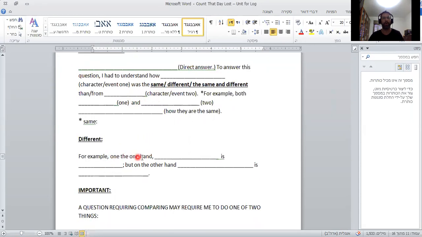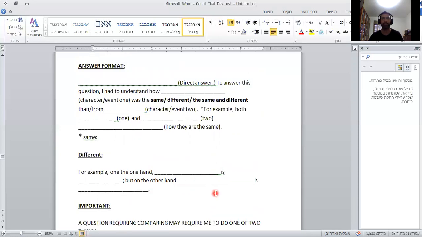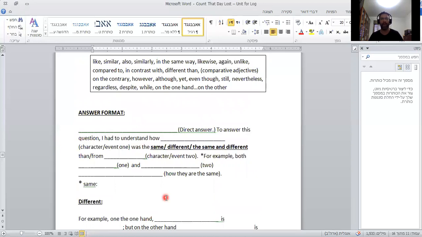For example, on the one hand, the first stanza, in which we do a good deed, is a good day. But on the other hand, the second stanza talks about a bad day because we did not do a good deed. And that would be one of the two answers.